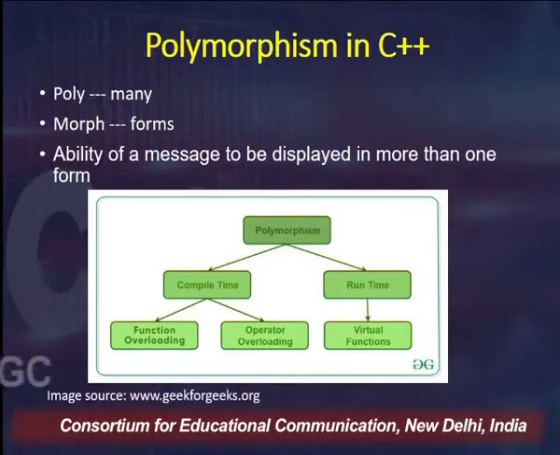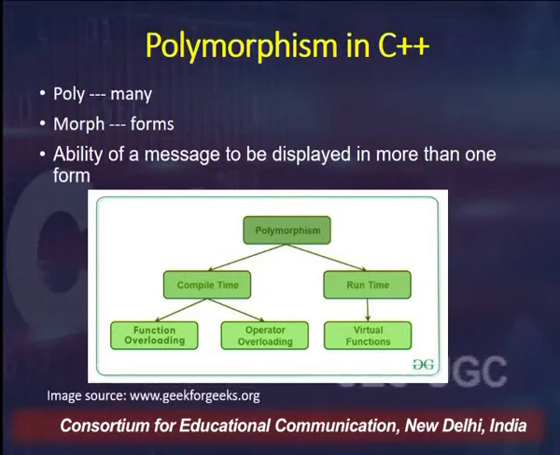Either it is a message or a function, and it is displayed not only in a single form but in more than one form. That is going to be called polymorphism.